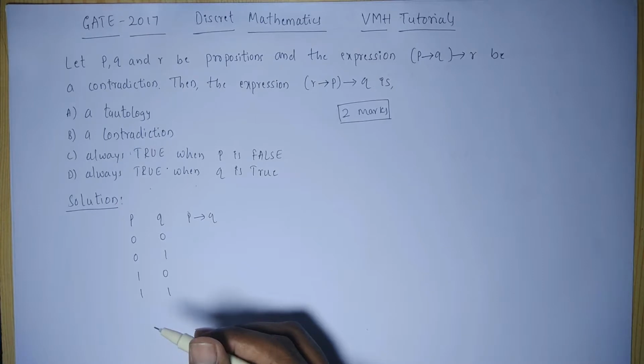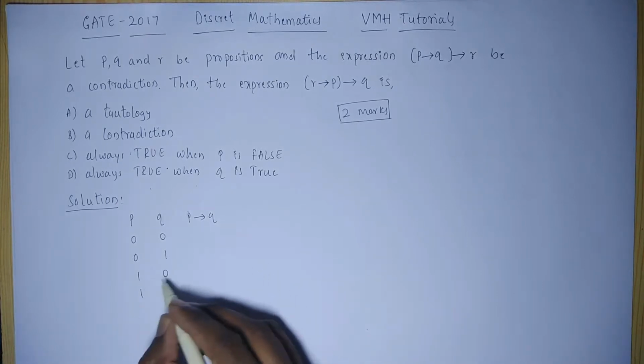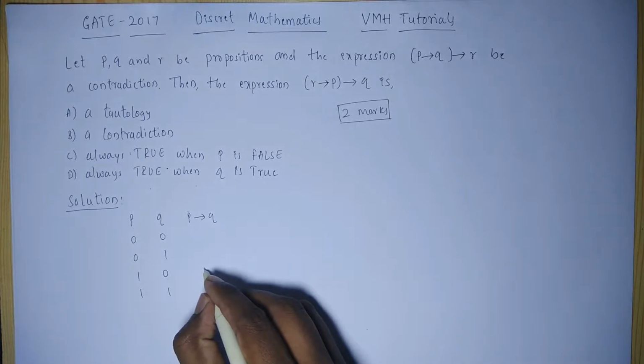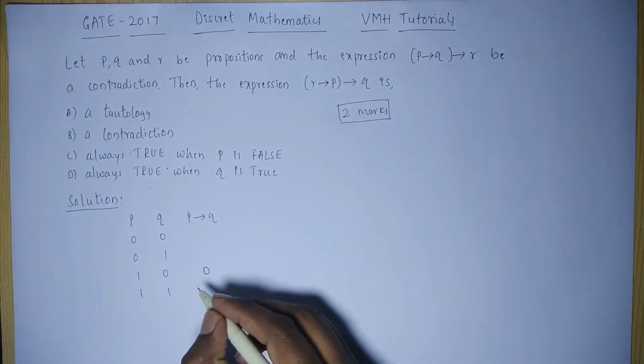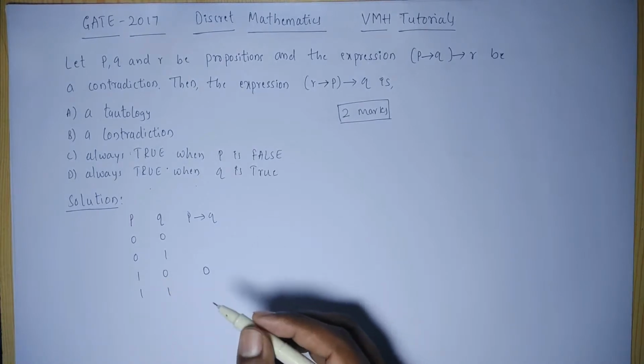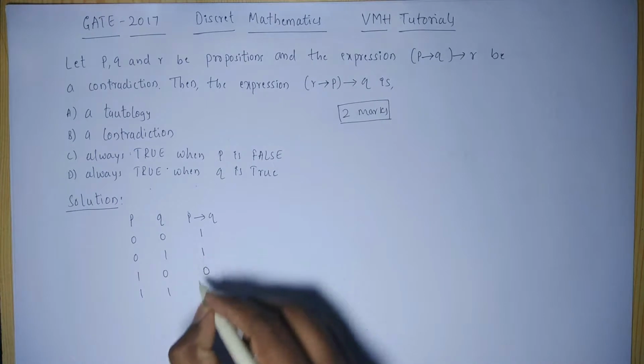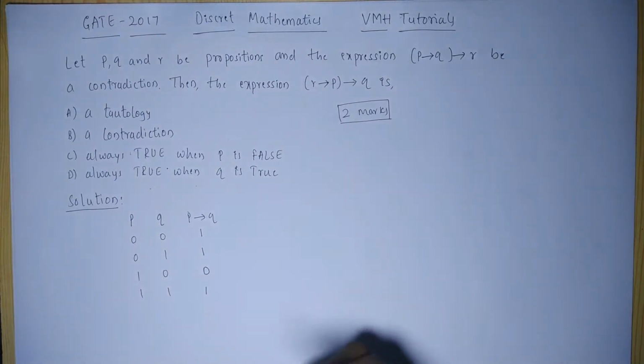The implication is false only when the first proposition is true and the second one is false. Hence, it is false in the third case, that is when P is 1 and Q is 0. In all the remaining cases, the implication is true.